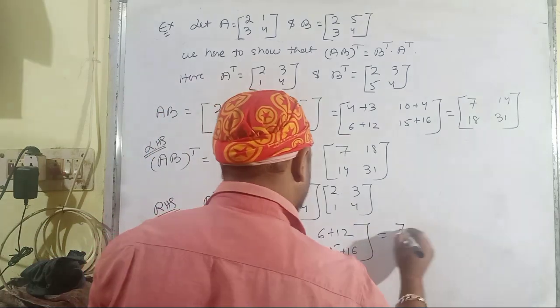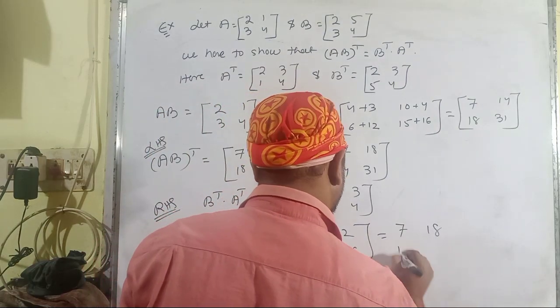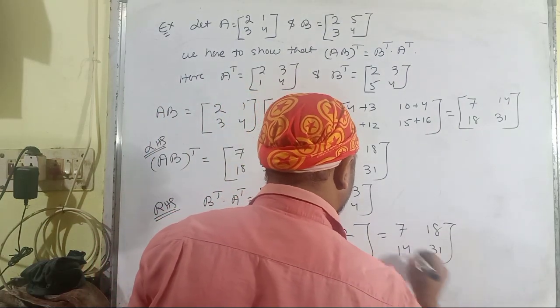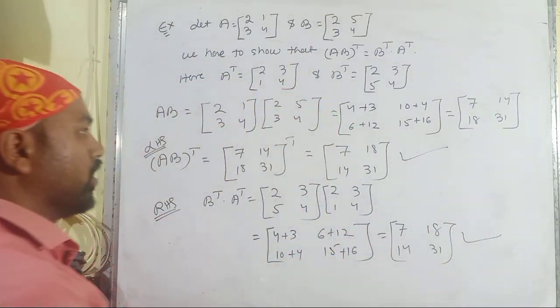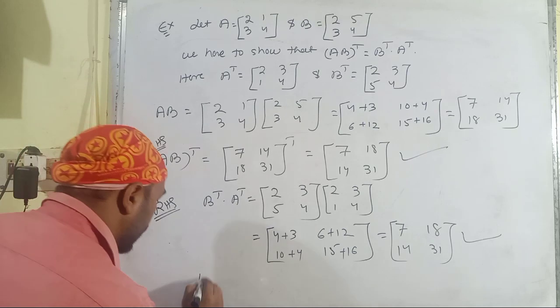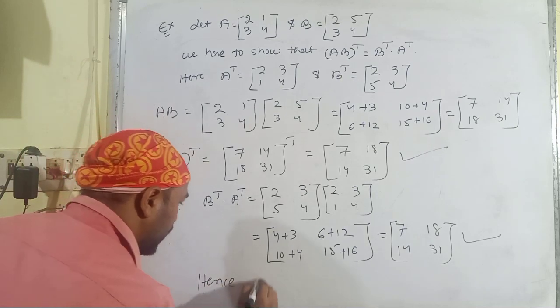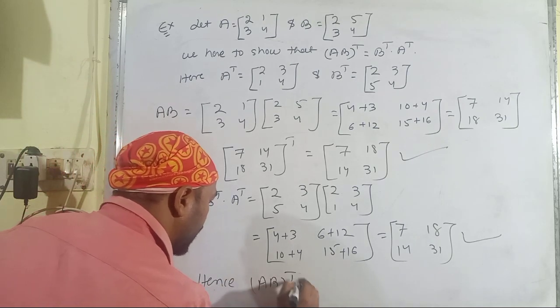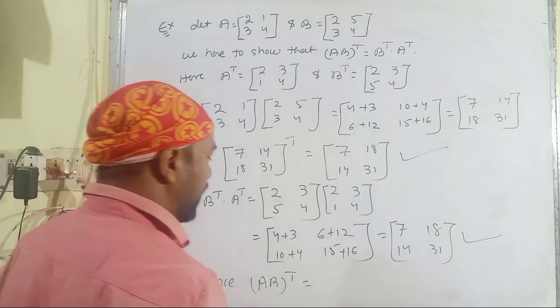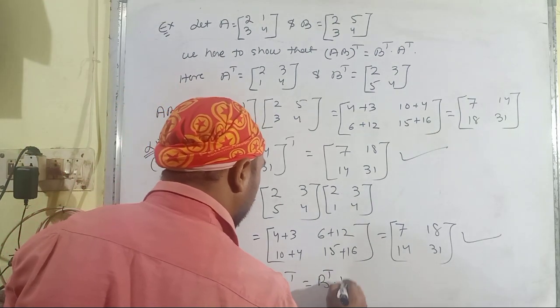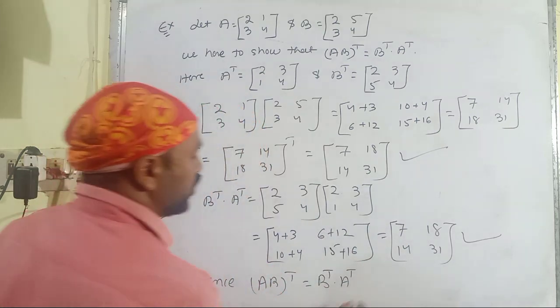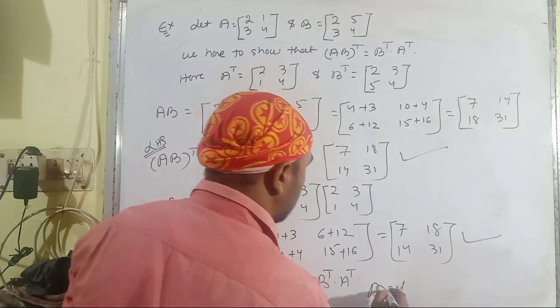So it is 7, 18, 14 and 31. You can see that both of them are equal. Hence the transpose of the multiplication of the given matrices A and B is equal to the multiplication of B transpose with A transpose, and here it is proved.